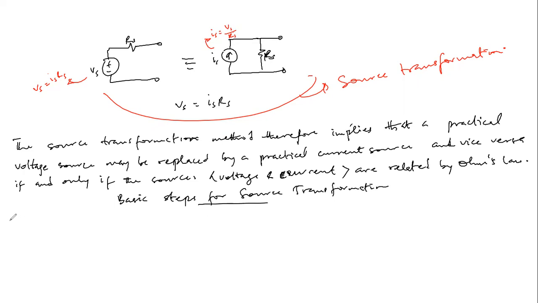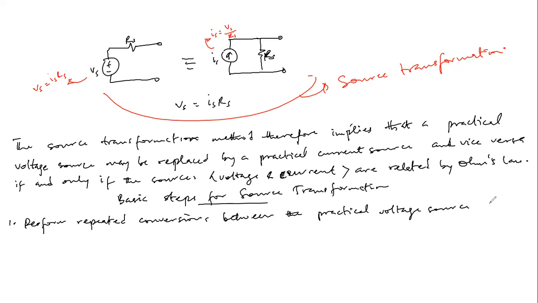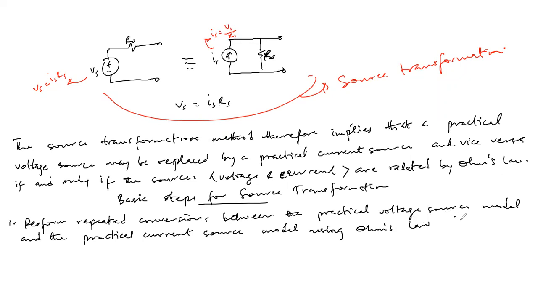Let's consider a few steps. So the first step here is to perform repeated conversions between the practical voltage source model and the practical current source model, using Ohm's law to relate the voltages and current.